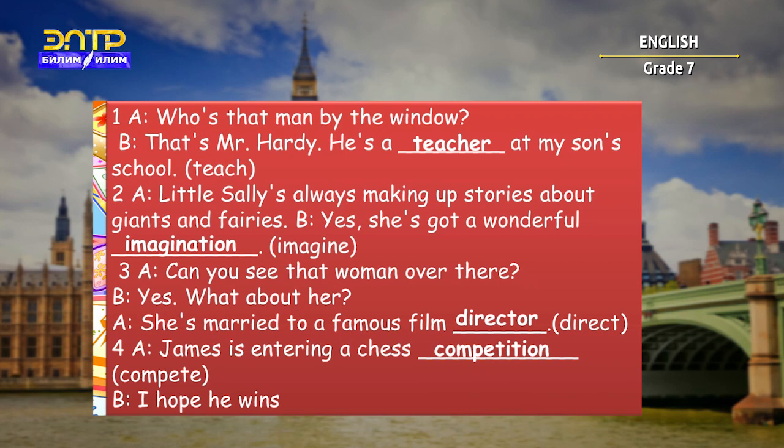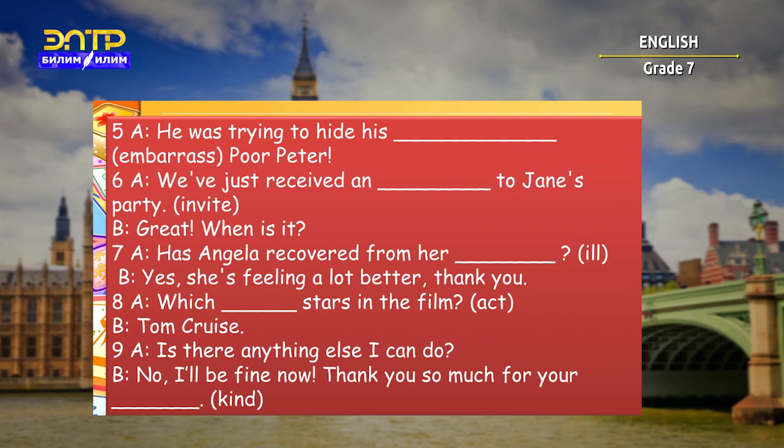Here on this slide, we can see a continuation of a previous exercise.